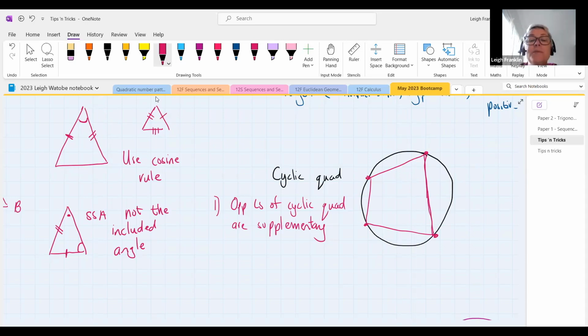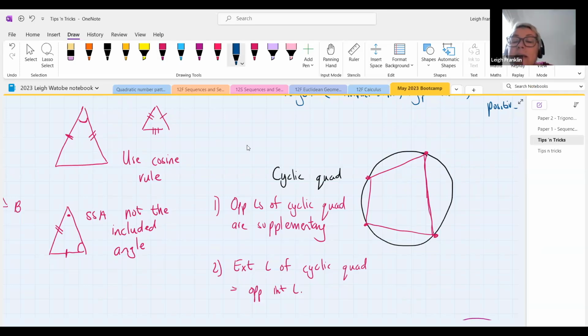So the opposite angles of a cyclic quad are supplementary. And the second thing that's very important about this is that the exterior angle of a cyclic quad is equal to the opposite interior angle. So that means that any side of the cyclic quad can be extended.